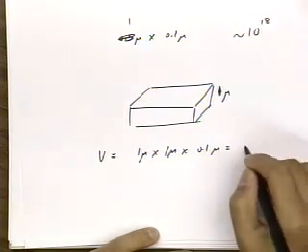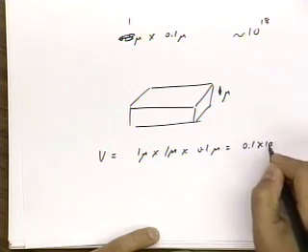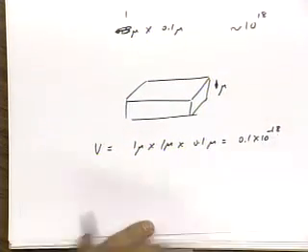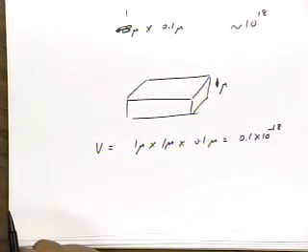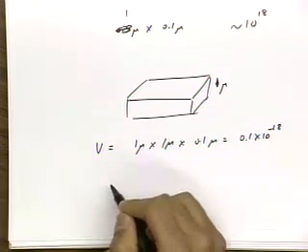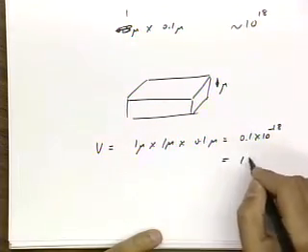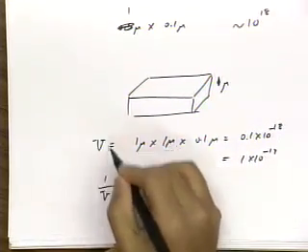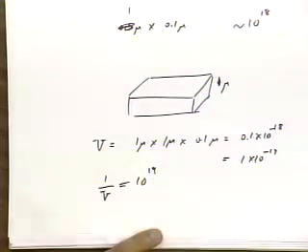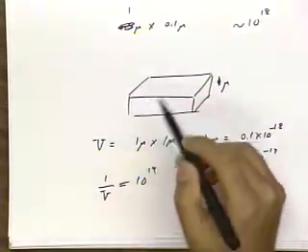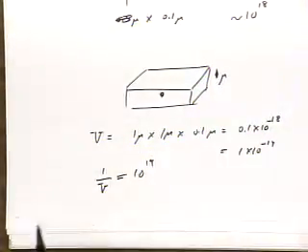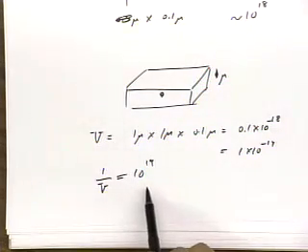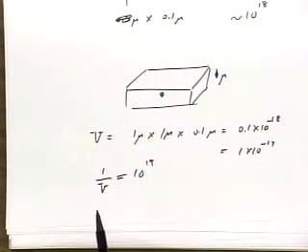So that's 0.1 times 10 to the minus 6 cubed, or 10 to the minus 19 cubic meters. If I invert this, 1 over the volume is 10 to the 19. So if I put 1 dopant into this volume, the density would be 10 to the 19.